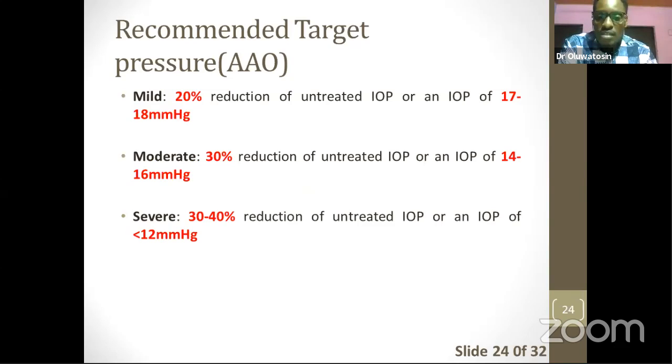For moderate disease, a 30% reduction of untreated intraocular pressure, or an IOP of 14 to 16 millimeters mercury was recommended. Then for severe, a 30 to 40% reduction of untreated intraocular pressure, or a fixed pressure of less than 12 millimeters mercury was recommended.